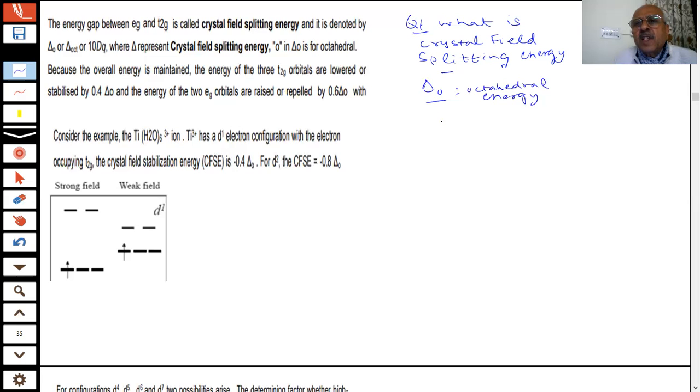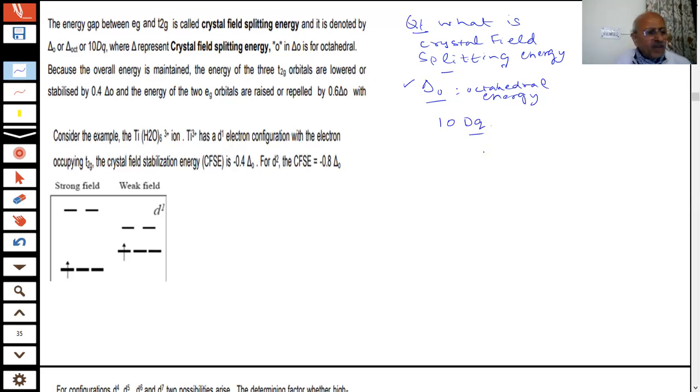Sometimes you will see this is also written as delta DQ. Delta DQ is actually a term used from quantum mechanics, from the wave equations. We are going to use delta zero.